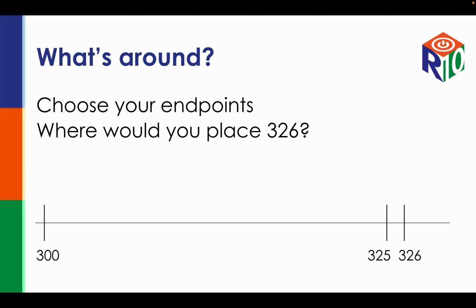Because I chose my 25 on my last number line, and I'm like, oh, 326, that is way close to 325. I didn't want to do 325 to 350. I could have done that, but it might bother a lot of people that my 326 is not inside my endpoints. I had my endpoint of 325, and then I just put my 326 next to it.